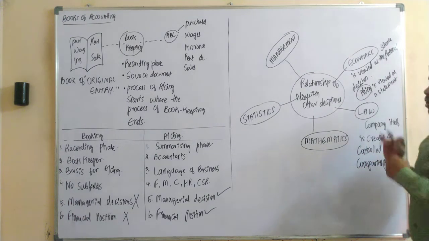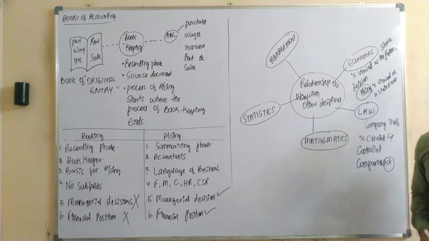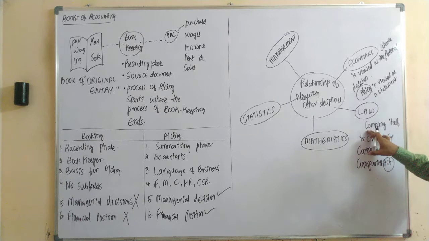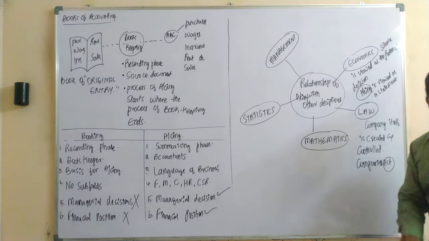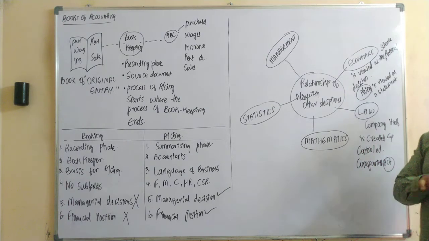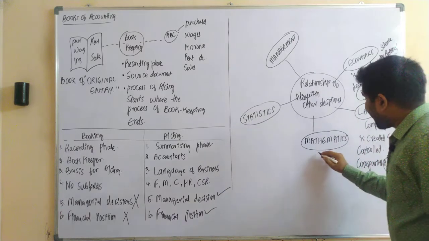Act is nothing but your law. Partnership Act. Yes or no? So the companies or organizations are created and controlled by the law itself, whether it could be the Companies Act or Partnership Act or Sale of Goods Act or anything it could be. That is the controlling relationship. Next one, mathematics.